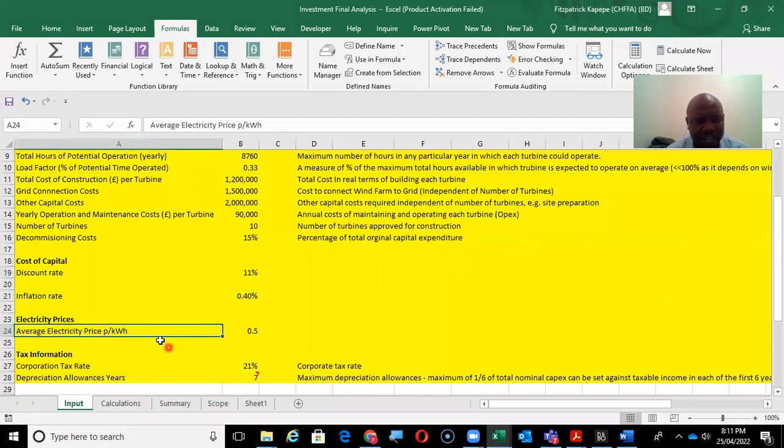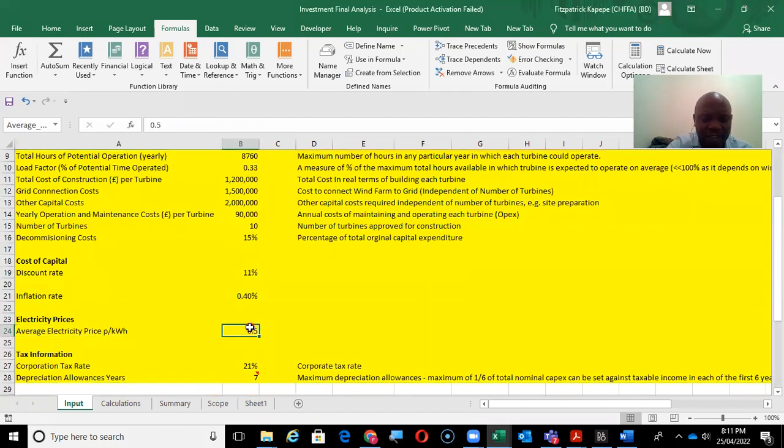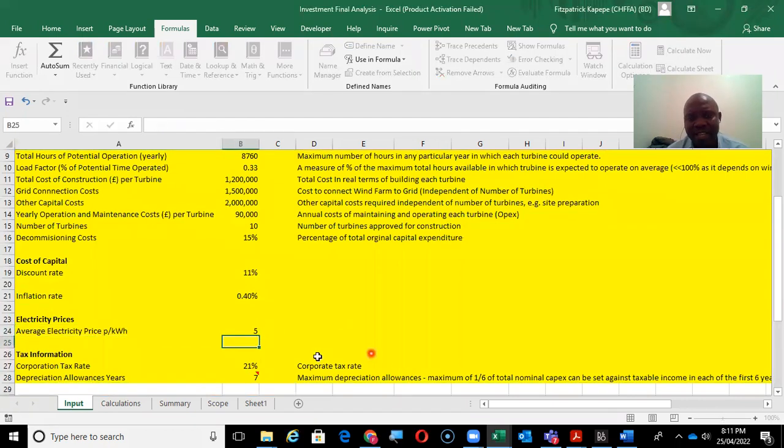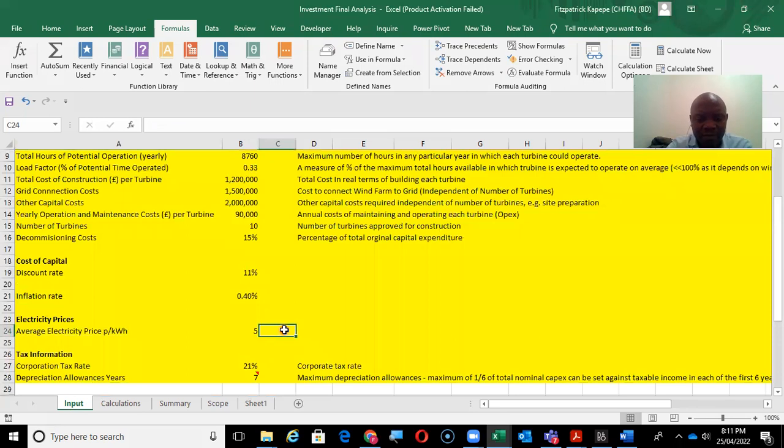Average electricity price per pence, since you are still looking at pence per kilowatt hour, meaning this will be 5. But then this needs to be converted to pounds.